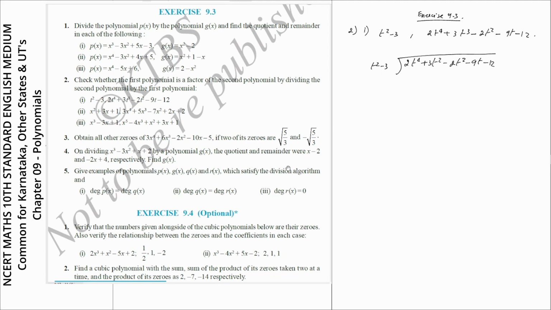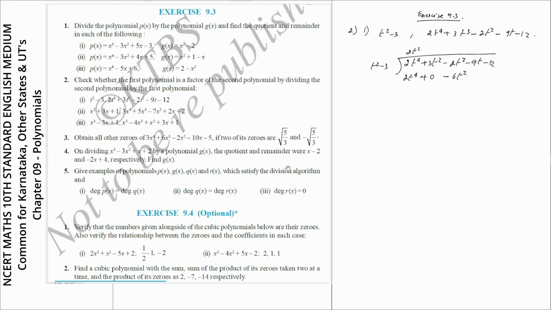So to make the first term equal, I'll multiply by 2t square. So 2t square into t square is 2t to the power of 4. Then here minus 3 into 2t square, 2 3s are 6t square, so minus 6t square. I'll write under the like terms only.